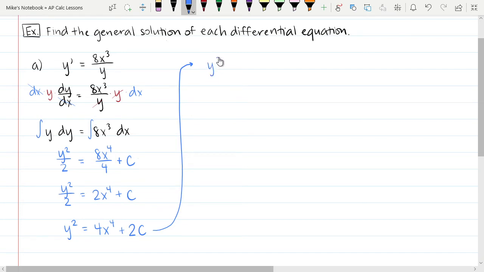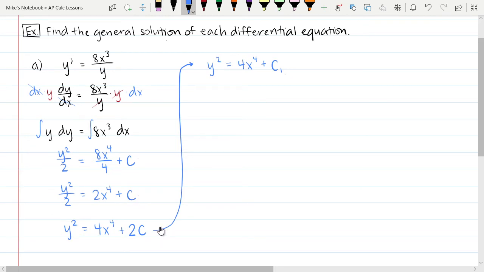So I could now write this as y squared equals 4x to the 4th plus c sub 1. All right, so c sub 1, c sub anything, c sub 0, as long as you indicate that this is a different constant from the original one.